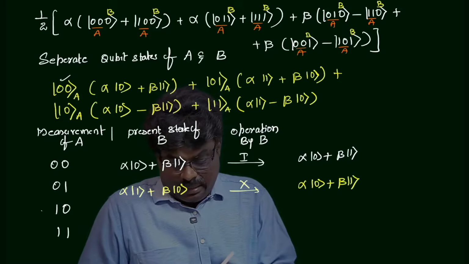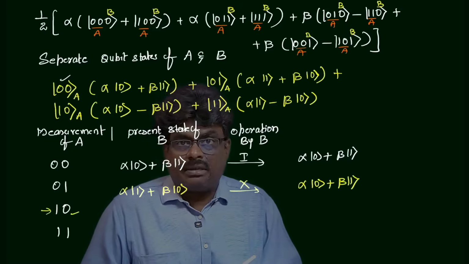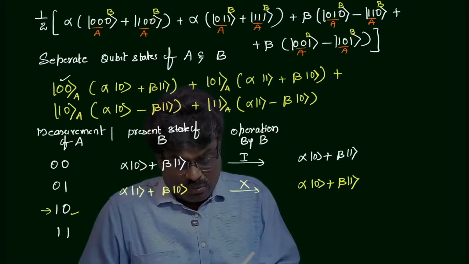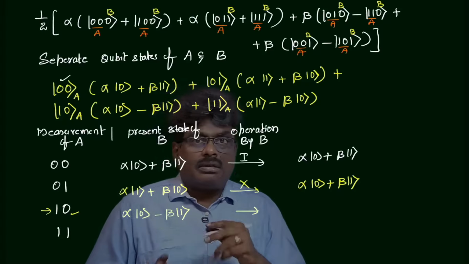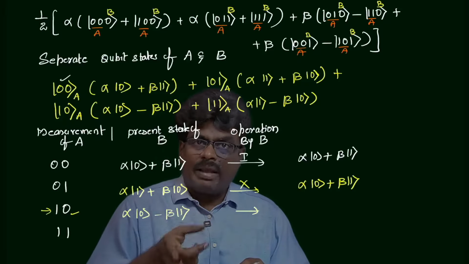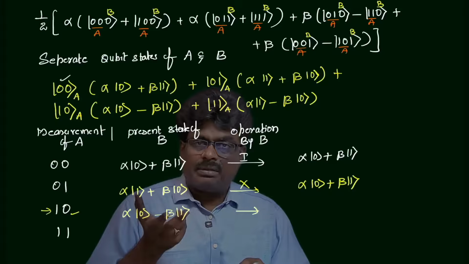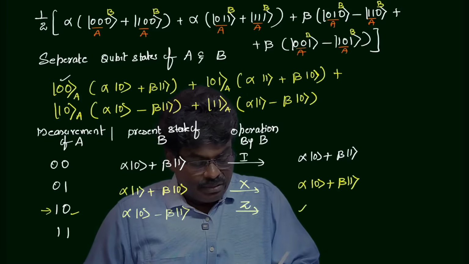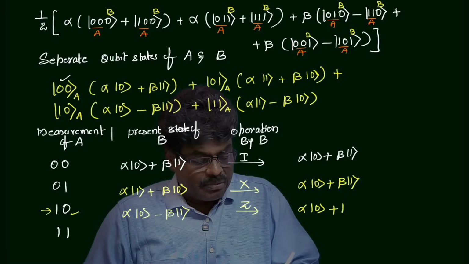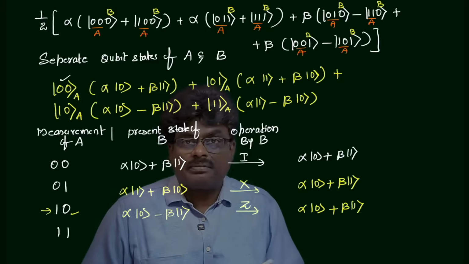Next, A got 1 0. Then the present state is alpha 0 minus beta 1. Once B knows that A got the measurement value 1 0, he will immediately apply Z. So this becomes alpha 0 plus beta 1.